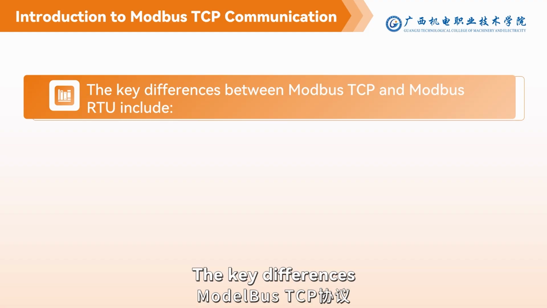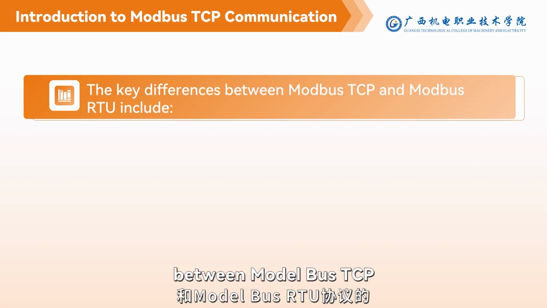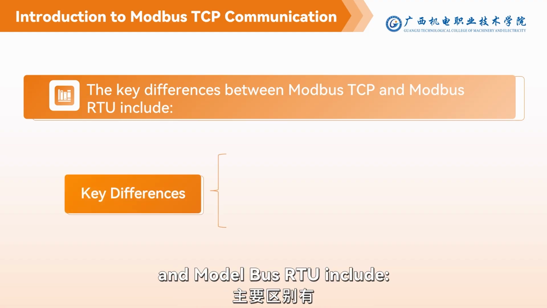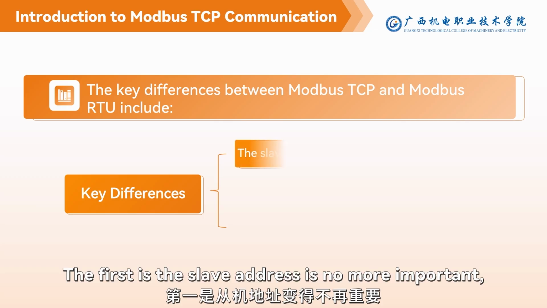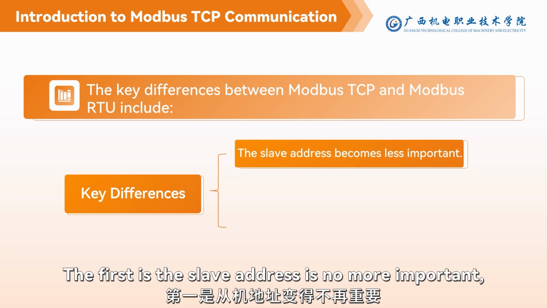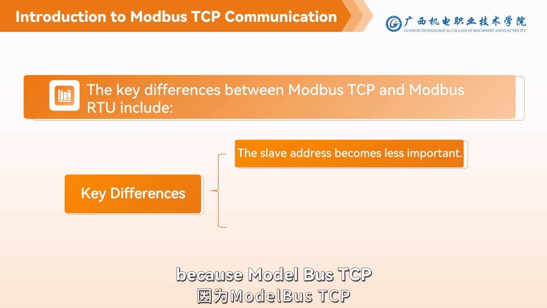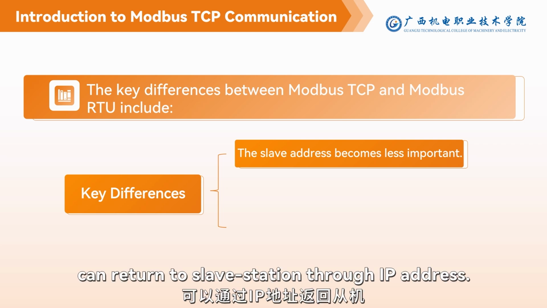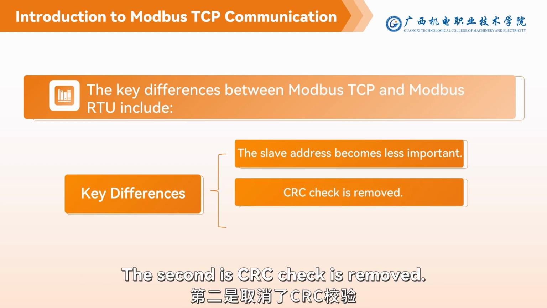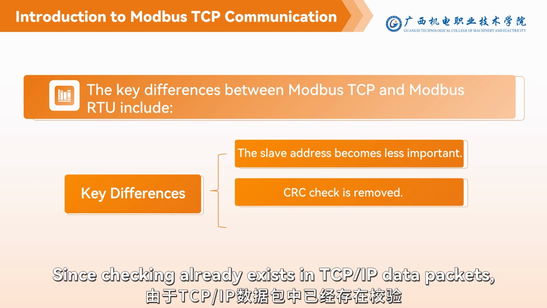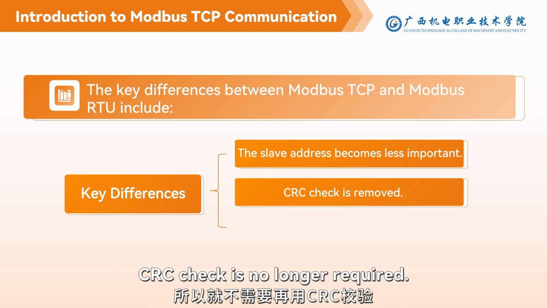The key differences between Modbus TCP and Modbus RTU include: the first is the slave address is not as important, because Modbus TCP can return to slave station through IP address. The second is CRC check is removed. Since checking already exists in TCP IP data packets, CRC check is no longer required.